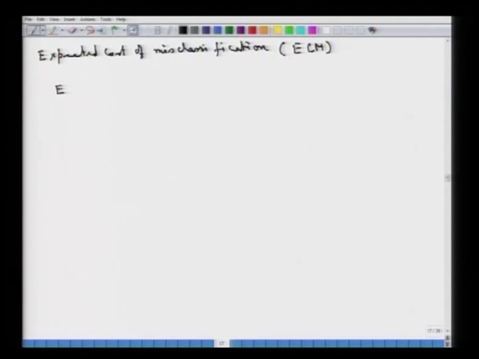What is this ECM? This is the expected cost of misclassification. Now, the misclassification cost would be given by C21, multiplied by the probability that the individual is coming from the first population and getting misclassified into the second population.